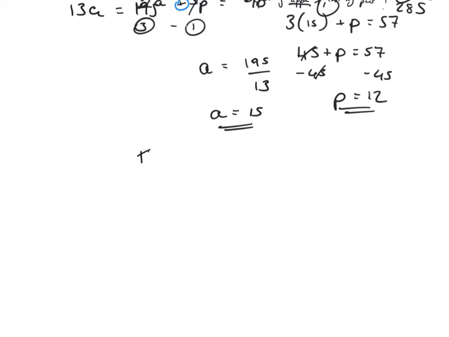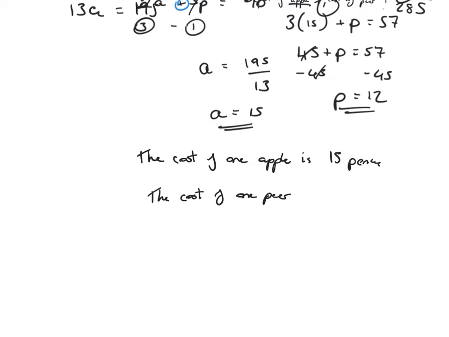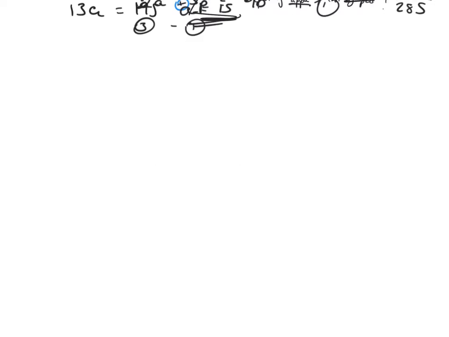Well, that means that the cost of 1 apple is 15 pence, and the cost of 1 pear is 12 pence, and it's important that I state that explicitly. I really explain my answer, and to get the marks in an exam you would really need to do that, so that's really important. Okay, let's try an example 2.